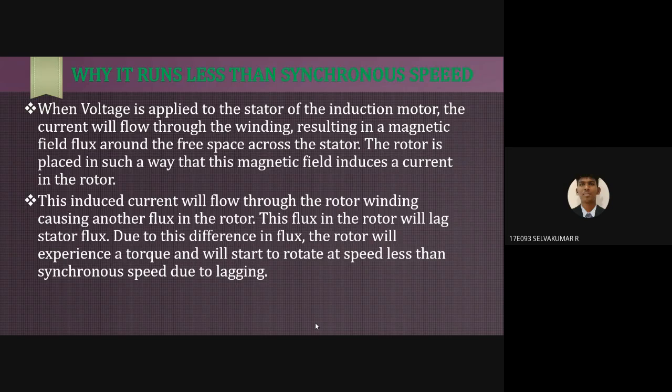The rotor is placed in such a way that this magnetic field induces a current in the rotor. This induced current will flow through the rotor winding, causing another flux in the rotor. This flux in the rotor will lag the stator flux. Due to this difference in flux, the rotor will experience a torque and will start to rotate at a speed less than synchronous speed due to lagging.